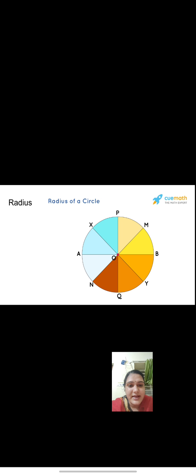We can see that these points are equidistant from the point O. When we join OA, OX, OP, OM, OB, OY, OQ, ON and OA, we will get radii of the circle. We clearly see that these points are equidistant from the point O. So all are radii of this particular circle.